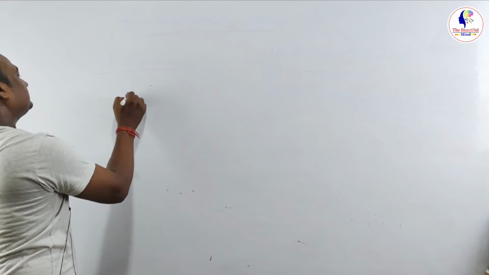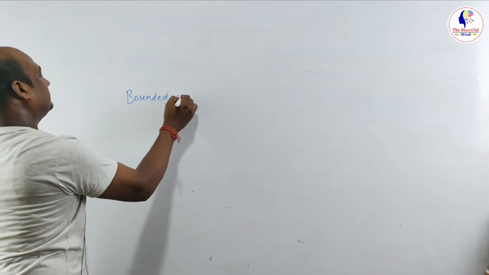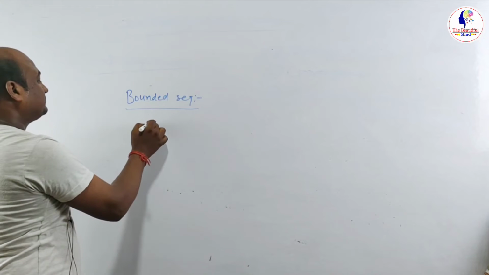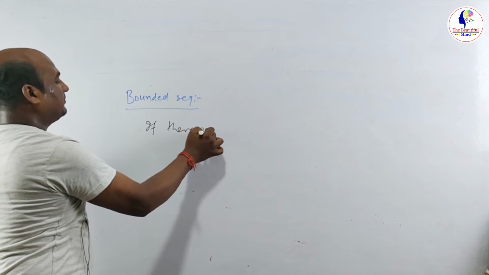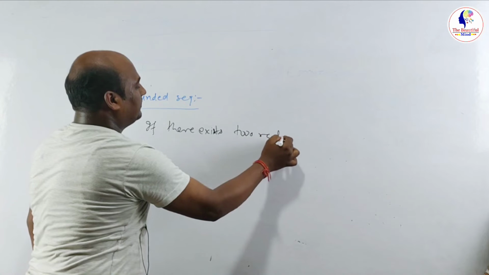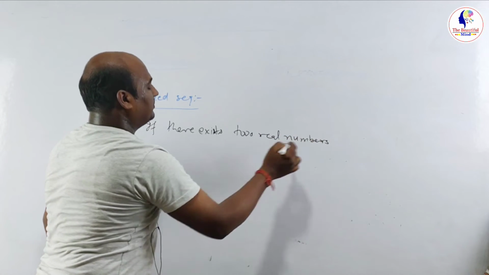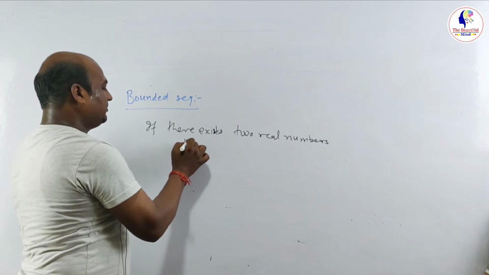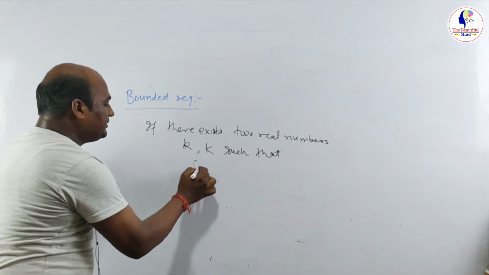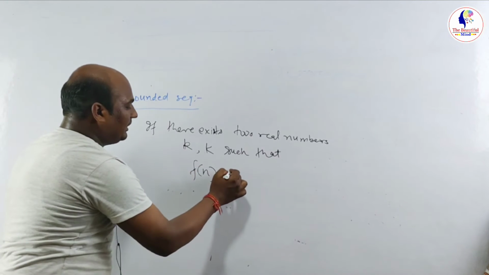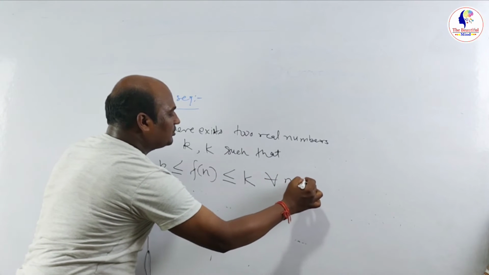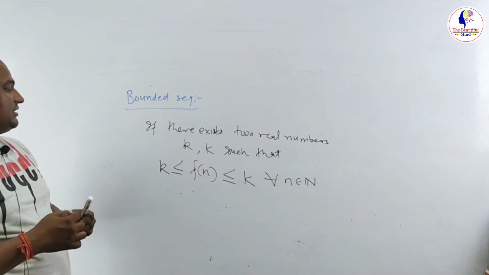So bounded sequence, if there exist two real numbers, ये कुछ भी हो सकते हैं, like -k and +k, such that each term of sequence fn will lie between +k and -k for all n belongs to set of natural numbers, then we say that the sequence is bounded.